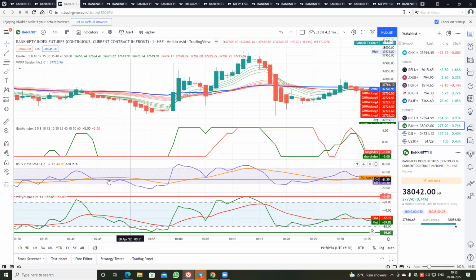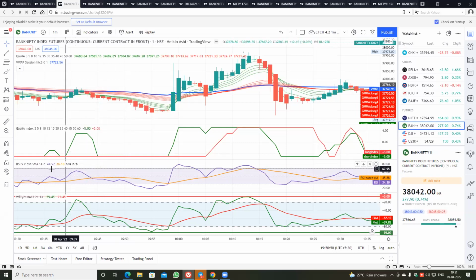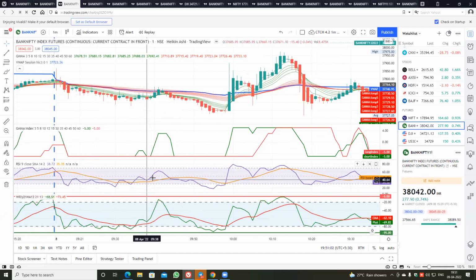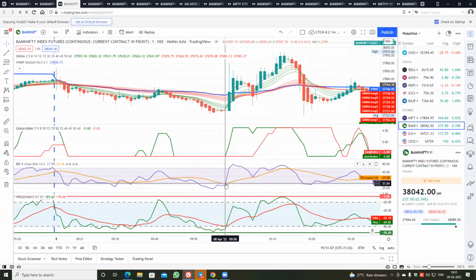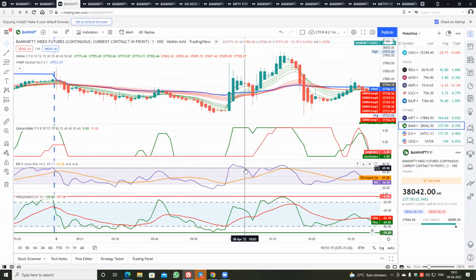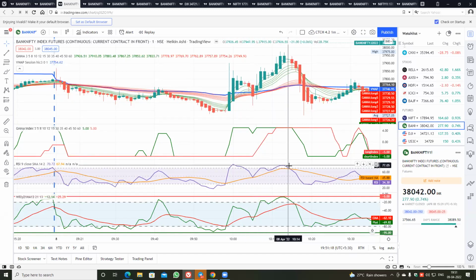Here it is an inbuilt one from TradingView, and you can see the crossovers happening here. From here the crossover happened and it went up like this, then it came down, took a support, went up, then here the crossover happened.